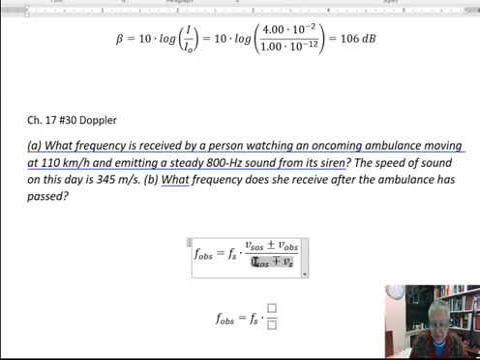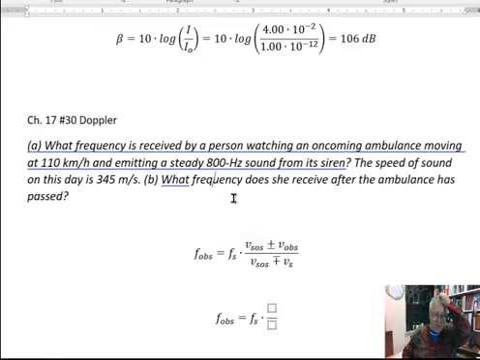So I add the source velocity to the speed of sound, which makes my denominator larger. Hence, my overall fraction gets smaller, and my observer's frequency gets smaller because the source is moving away. So that's why I have the plus minus and the minus plus. The top of each one of them means toward. The bottom of each one of them means away. And that depends on whether it is the observer that's moving or the source that's moving.